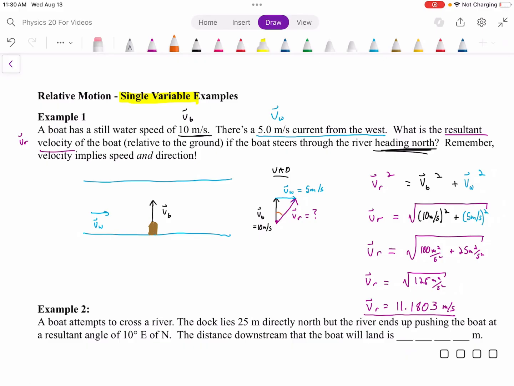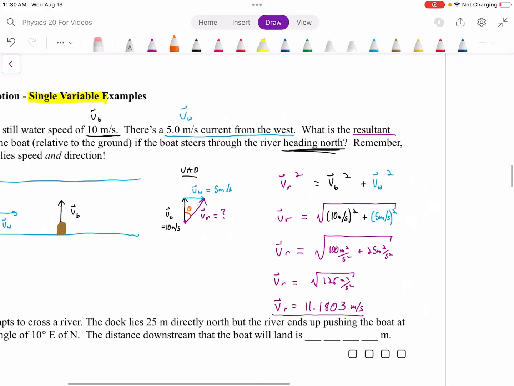With our VAD here, if I wanted to communicate that direction, one way I could do it is by finding that angle and then correctly referencing that angle to north and east, using that to describe. So I've drawn it this way, so I'll probably go ahead and set up my triangle this way and find the angle that way. We technically have all three sides, but again, there was one more calculation involved in finding this one, so it's usually a bit safer to just use the values the question gave you because you know they're right.